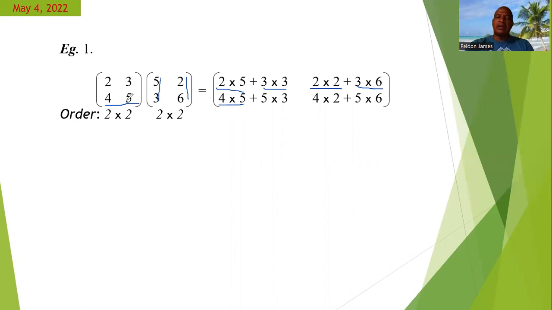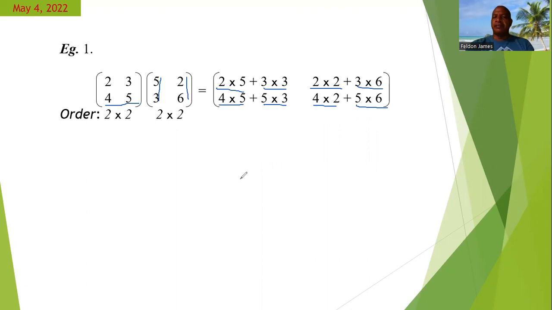And then we are going to add 5 times 3, we get this, right? So that is the second row with the first column. Now we are going with the second row with the second column. So now we have 4 times 2, we get this. And then we have 5 times 6, we get this.